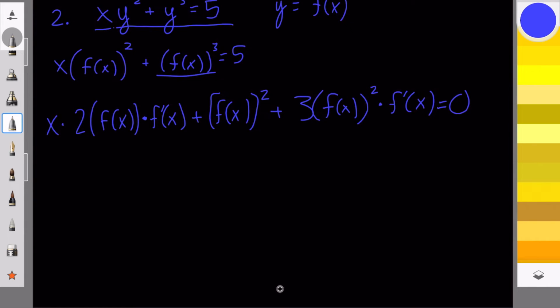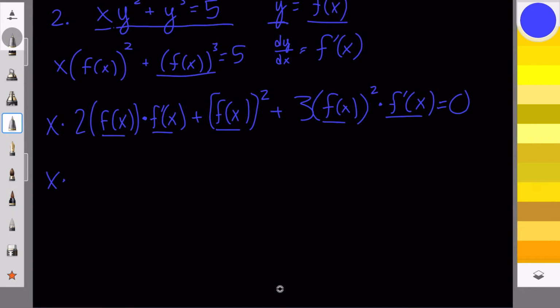All right, and as we agreed earlier, y is equal to f of x. So dy dx, the derivative of y, is equal to the derivative of f of x, right? And so now let's substitute back all of our f of x's and f prime of x's for y's and dy dx's, right?